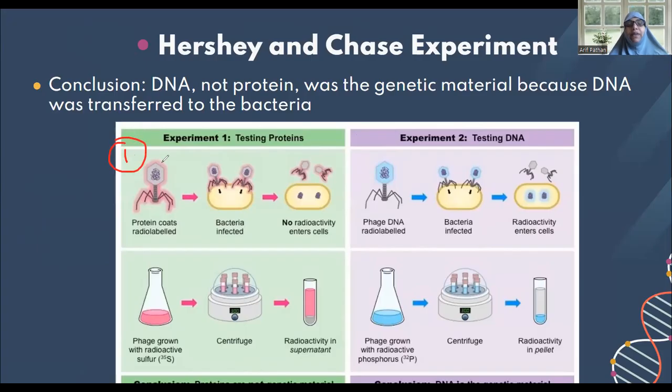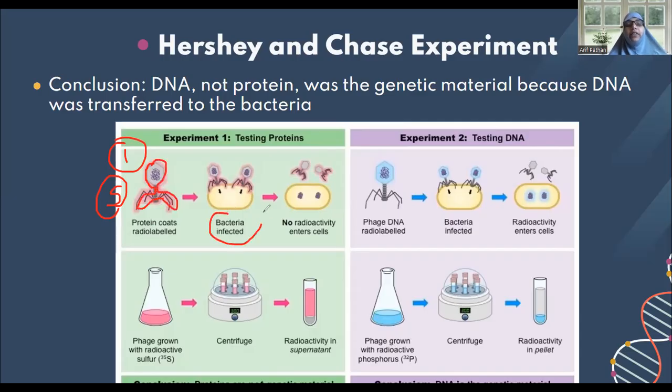In the first batch, wherein sulfur was used, the viruses were growing in radioactive sulfur. Radioactive sulfur became part of their body.